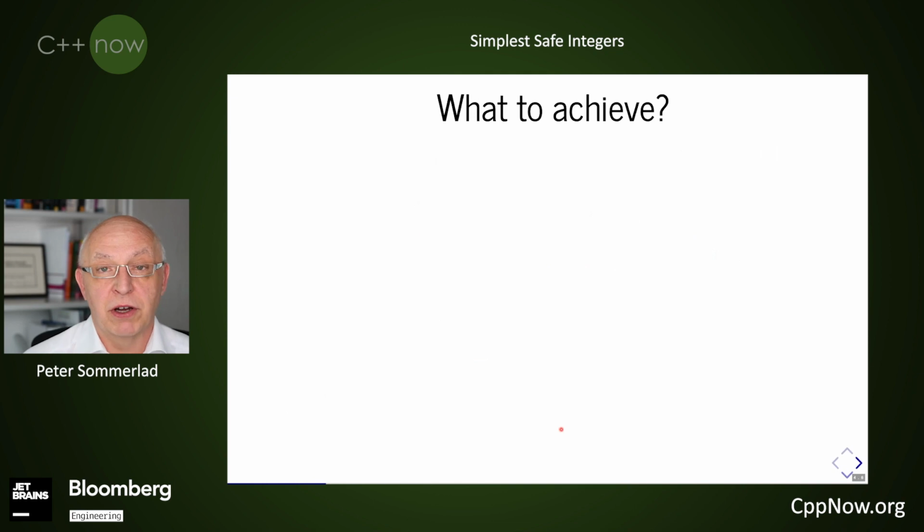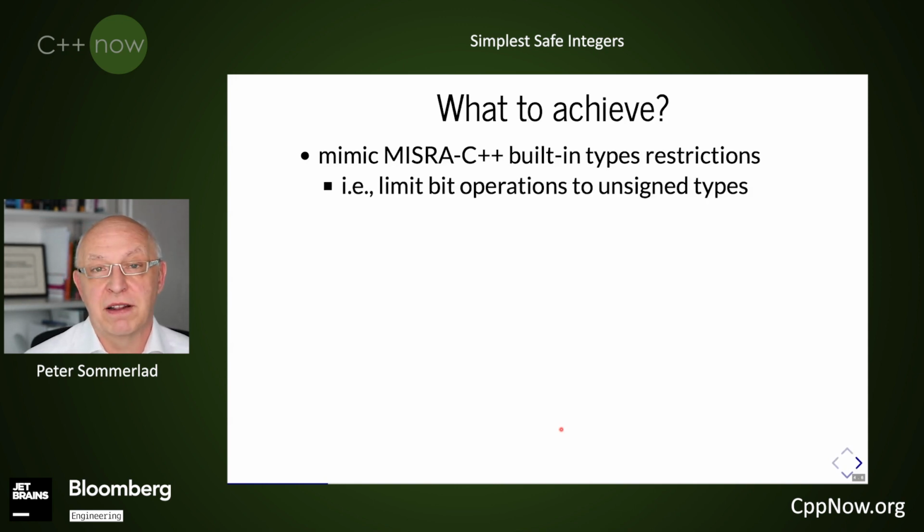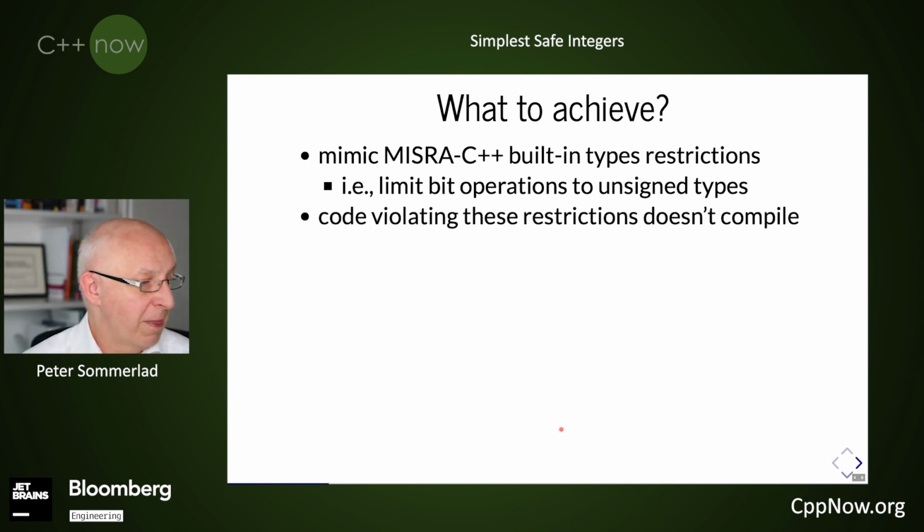Now, what do I want to achieve with a special integer library that doesn't use ints? I want to mimic MISRA-C++ built-in type restrictions. For example, the MISRA guidelines tell you that you should only use unsigned types for bit operations, or should never use character types for any kind of arithmetic.